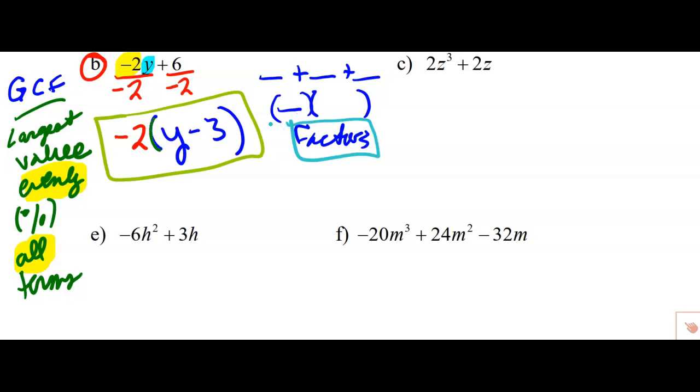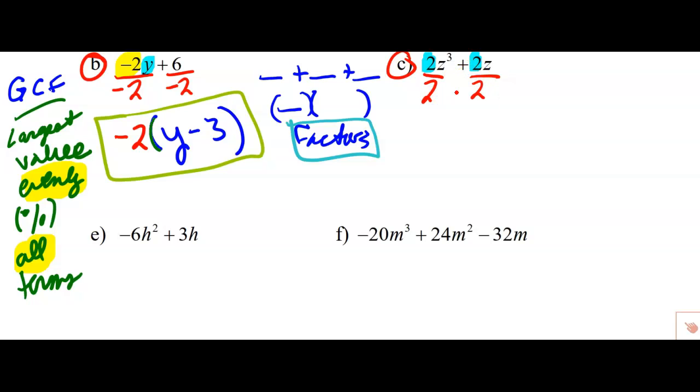Okay, so let's look at the next problem, C. I need to divide through both terms. I see that I have a 2 and a 2, so I should be able to divide by 2.